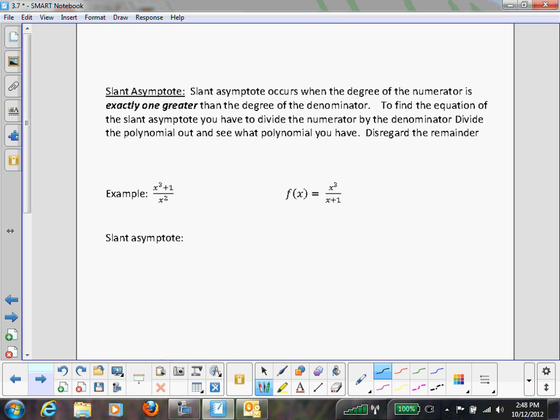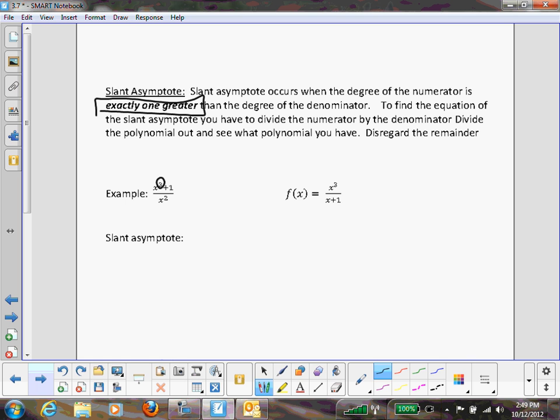And the degree is how much larger? Exactly 1. It can only be 1 greater. This degree is 3, this degree is 2. This degree is 3, this degree is 2. Is this exactly 1 greater? So this has no slant.